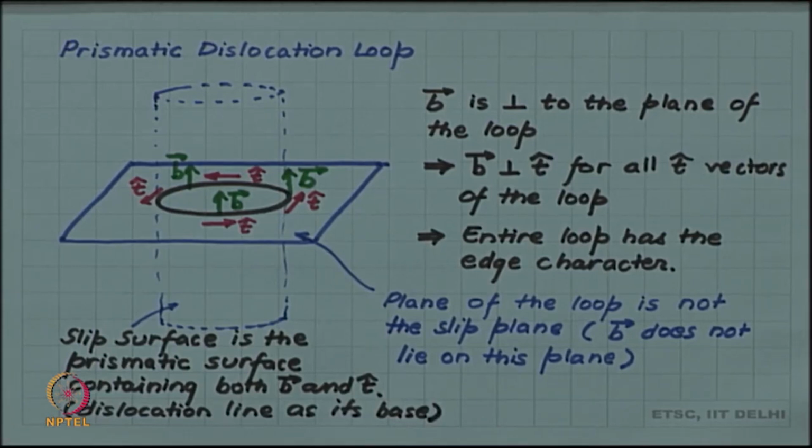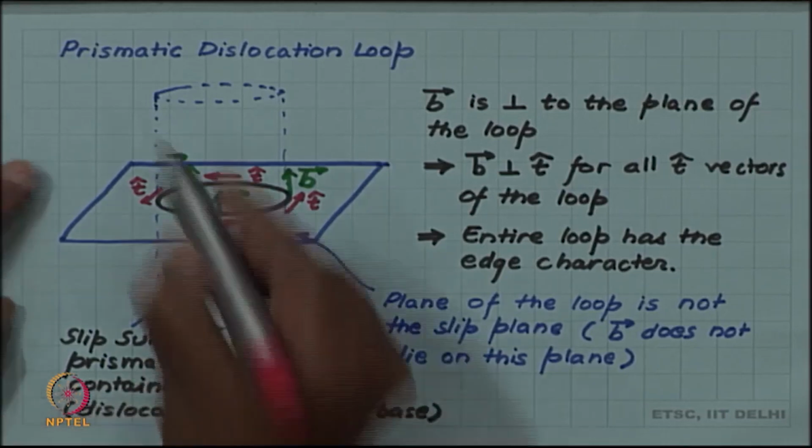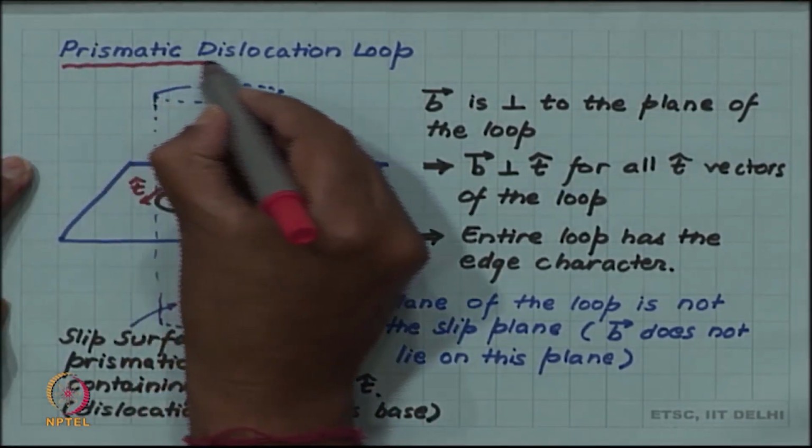And it is because of this prismatic surface as its slip surface that the name prismatic dislocation loop is used.